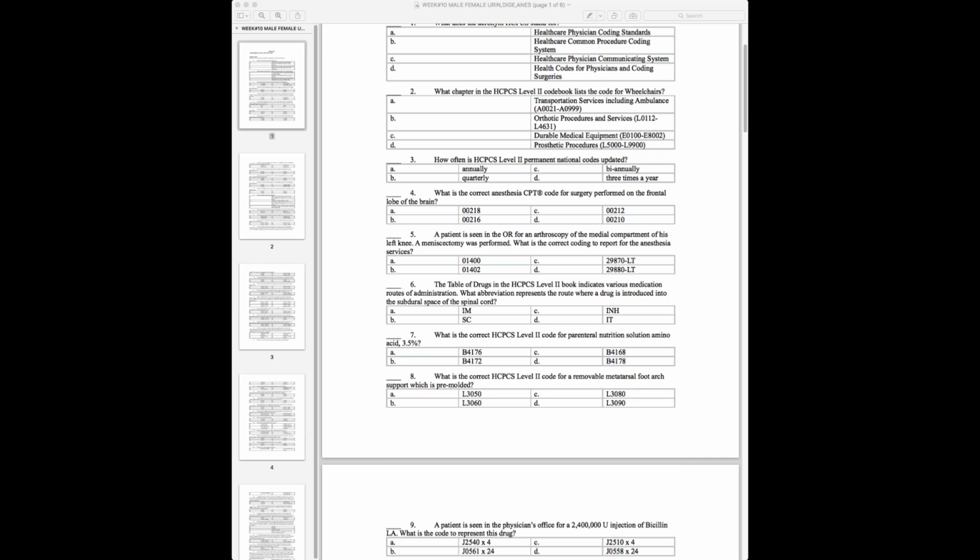But you can go anesthesia, arthroscopic procedure. What's the location? It's going to be the shoulder. Then it will give you a code range. And you should have come up with, for number 49, B as in boy, 01630.